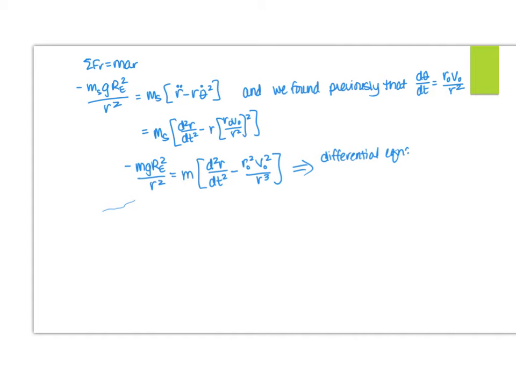So we've done a lot of rearranging, but essentially we have a second order differential equation which we could solve. If we did, the solution would be r as a function of t, but we don't want that. We actually want to know r as a function of theta because this would give us the path.